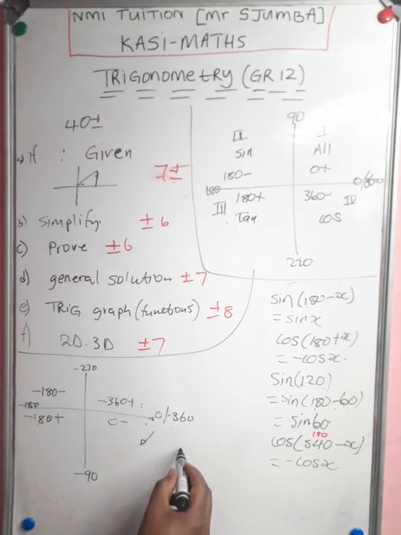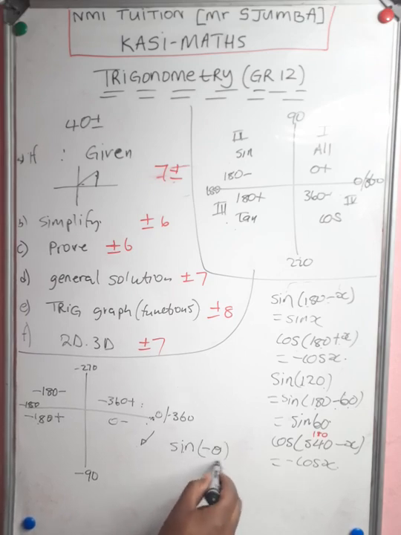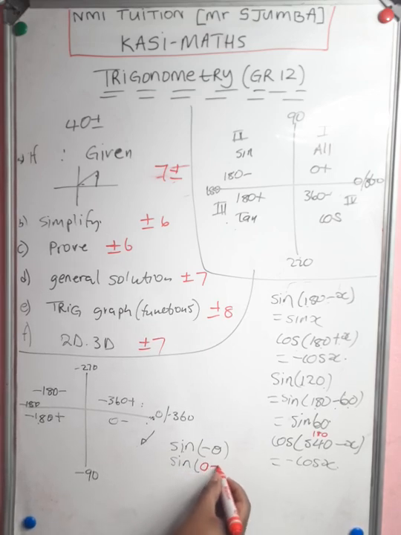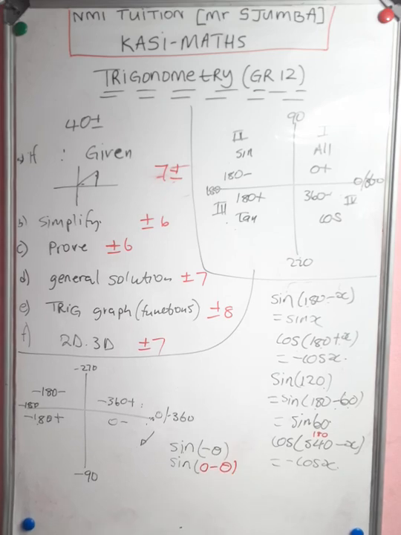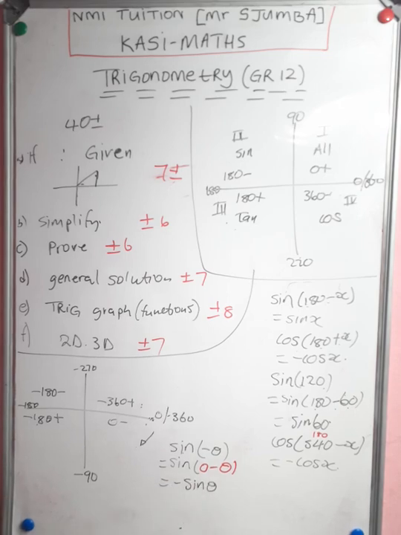So if we get something like sine negative theta, you should treat a negative angle as 0 minus. So you treat it as sine of 0 minus theta. If it's 0 minus quadrant 4, how is sine? Negative, so it will be negative sine theta.